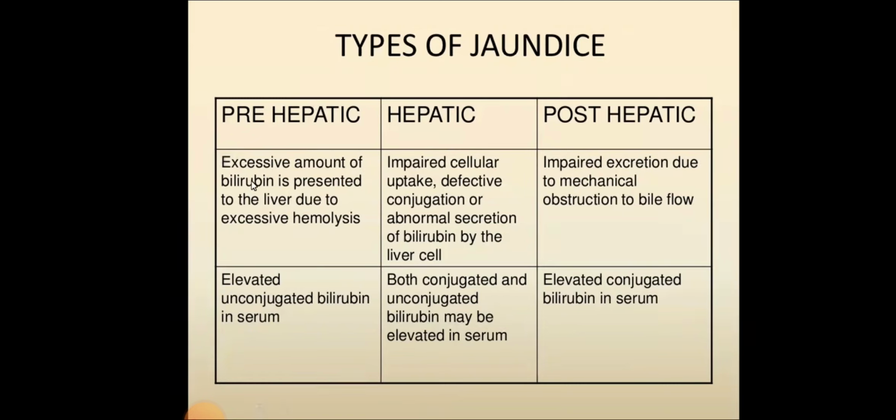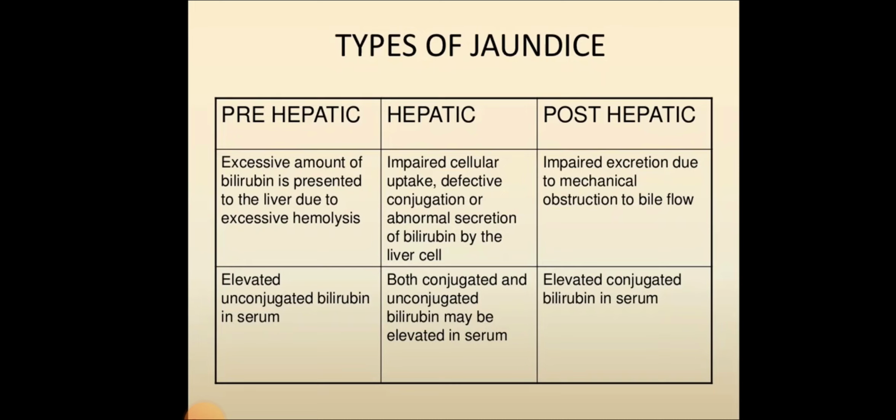That is why this type of jaundice is also known as hemolytic jaundice, because the plasma membrane of the red blood cells is often defective or not strong enough. So they rupture easily, causing increased levels of hemoglobin to be released, and that is broken down into bilirubin in the blood.